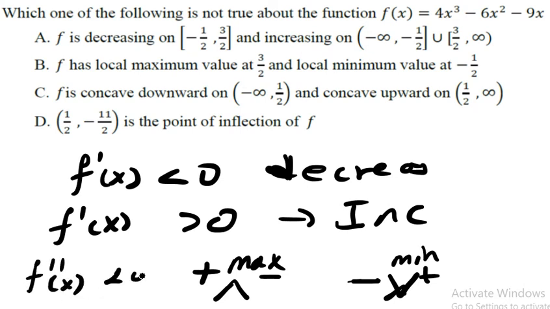Second derivative less than 0 is concave down, and second derivative greater than 0 will be concave up. This one is down, and this one will be up. And change of concavity will be inflection point. So this question will be somehow longer, but you need to be fast. It says not true. So let us derive and let us see the process.